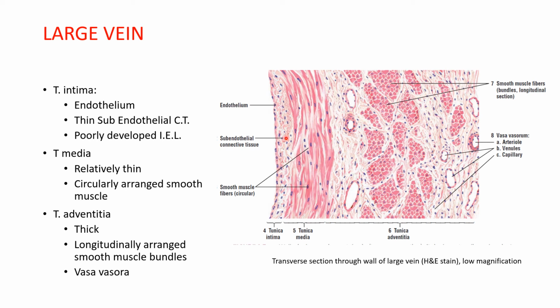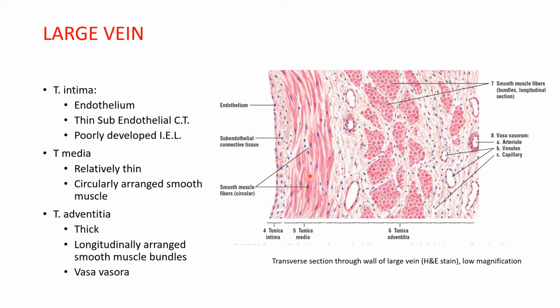Underneath it is the thin layer of subendothelial connective tissue and a poorly developed internal elastic lamina. Outside this is a layer of tunica media, which is also relatively thin and contains circularly arranged smooth muscle cells.